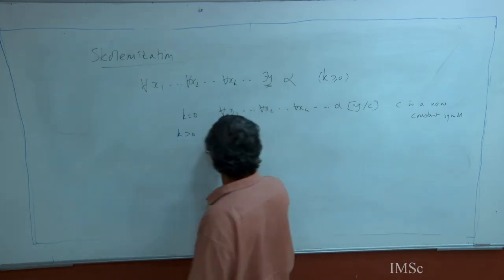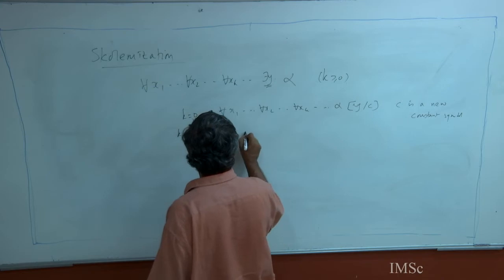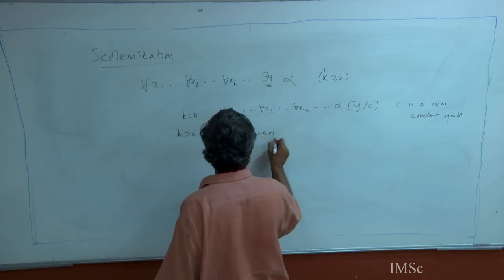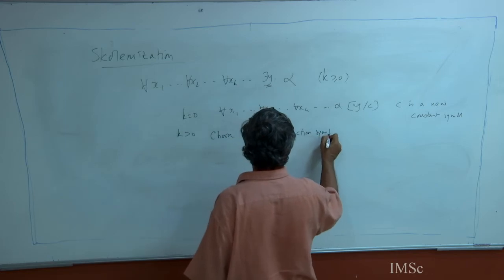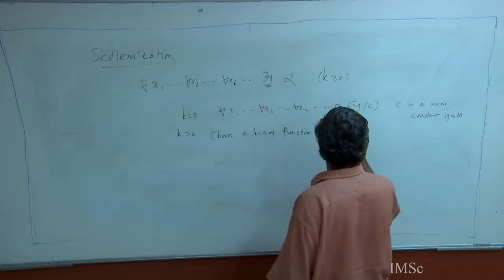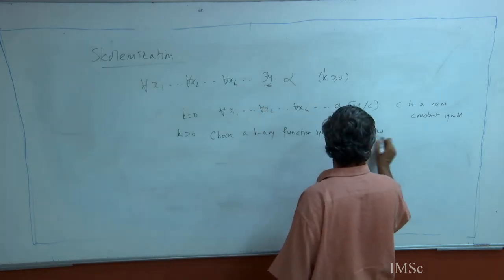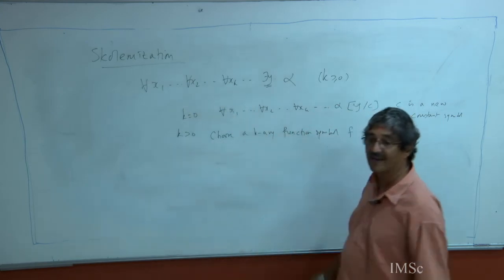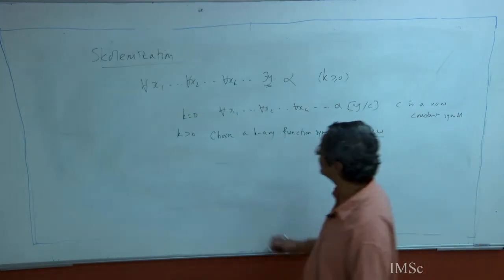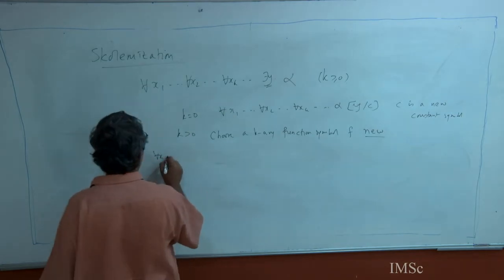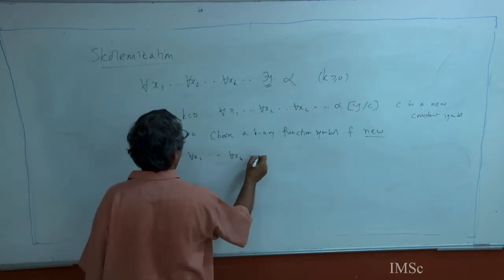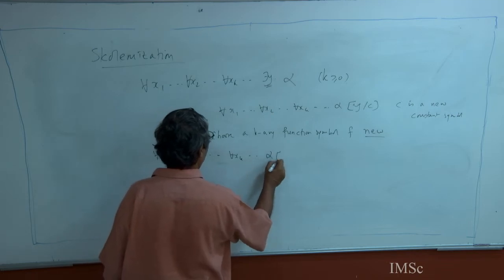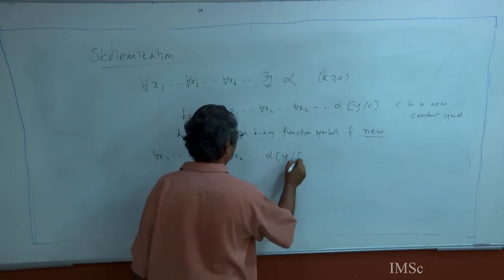Then choose a k-ary function symbol f, which is new, not occurring anywhere in the given formula, and replace this original formula by alpha with y replaced by f of x1 through xk.